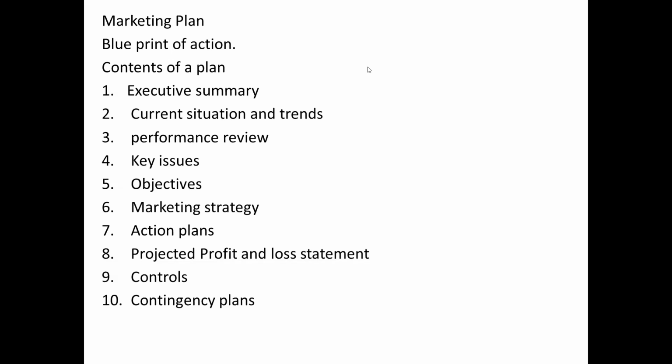Now, action plan allows the product manager to build a supporting budget. Now, when you are planning, the finance department is going to ask for the budget. Suppose if you have certain objective and you want to slash the prices and enter the market through promotion, so what would be the budget?